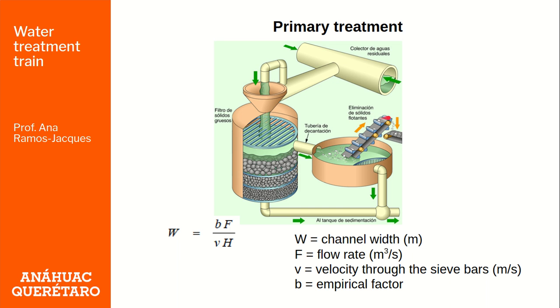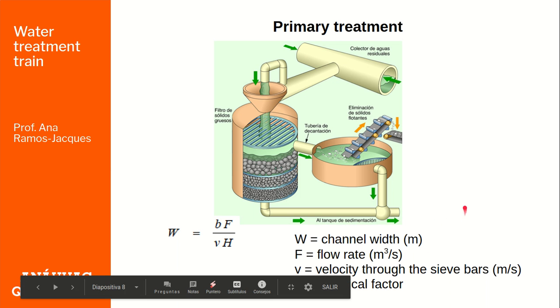If you remember the pre-treatment, we also screened the large solids, and some plants use primary and pre-treatment as one and the same operation. So you eliminate the solids, and you have the sludge down here going to the sedimentation tank and the sludge treatment.